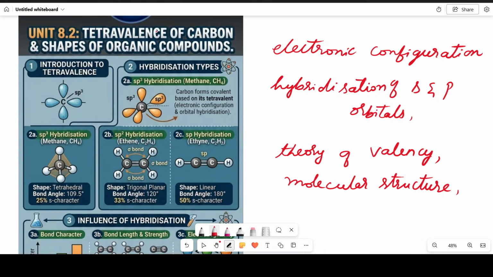Okay, how can we understand the tetravalency and the formation of covalent bonds? By understanding the electronic configuration, hybridization of s and p orbitals, theory of valency, and its molecular structure.